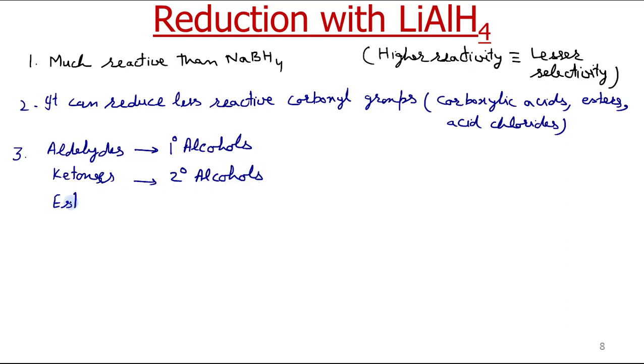Esters and acids, and other acids, meaning carboxylic acids. In organic chemistry, if I write acid, most of the times it means carboxylic acid. So acids are reduced to primary alcohols. So you have to remember these points with the reduction with lithium aluminum hydride.